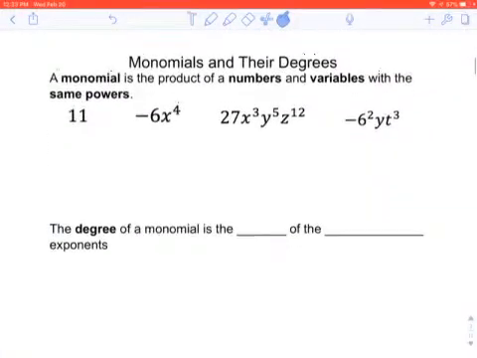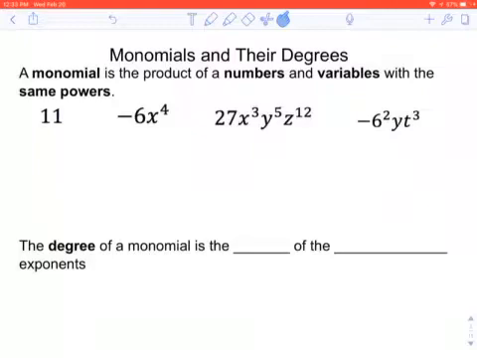A little bit of vocab just to start. This word is monomial. Okay, so we're going to talk about monomials to begin with and their degrees. A monomial is simply just a bunch of numbers and variables put together, and the variables will have the same powers.